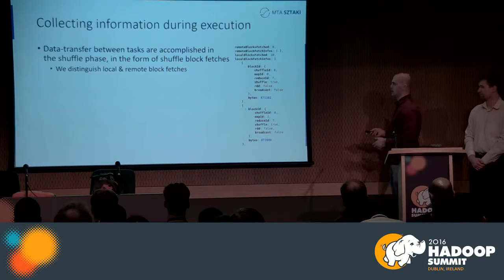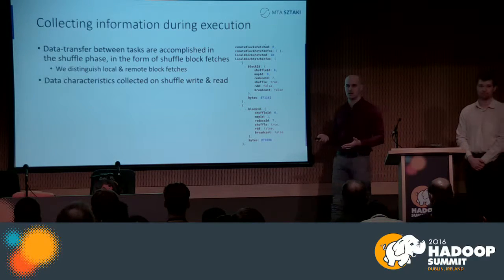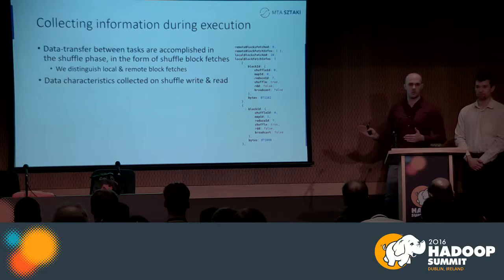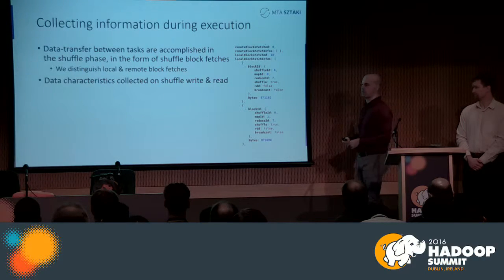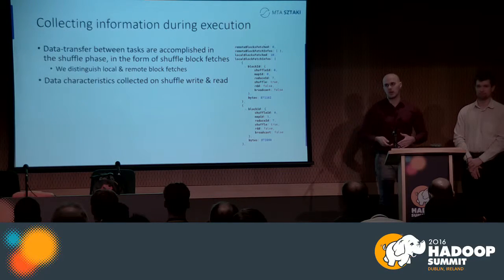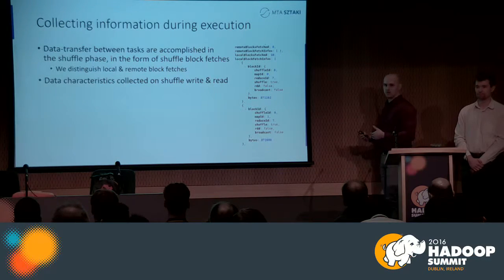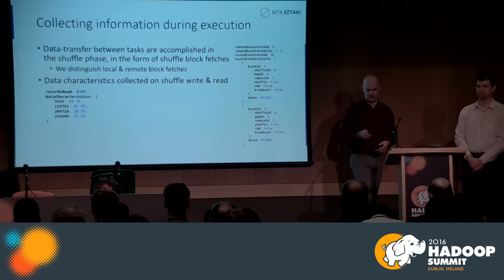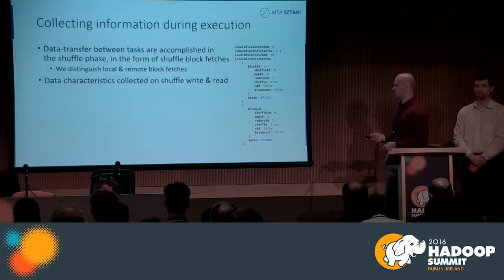On the right-hand side, we also wanted to collect the data characteristics on both the task input and the output, because these are the two paths that we have. Of course, the shuffle write and the read. But we have used the shuffle write metrics extensively in our optimization strategies. And this is an example of such data characteristics.